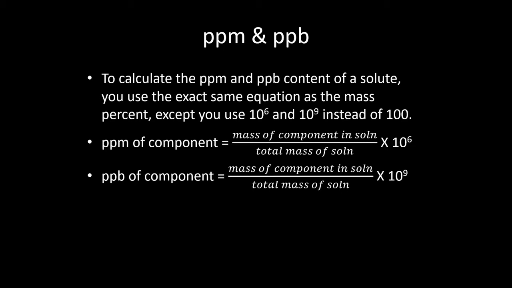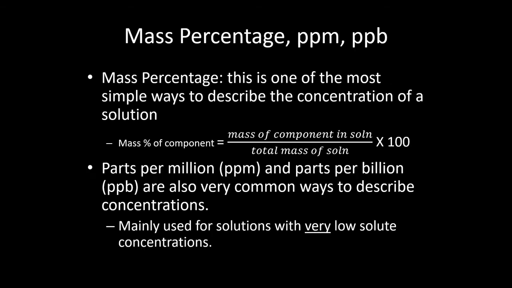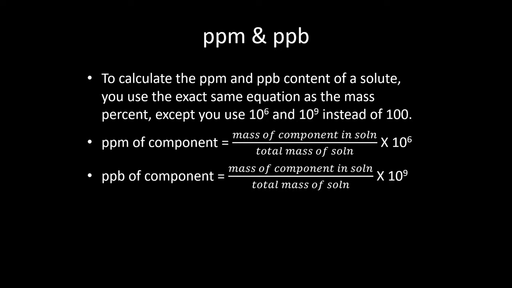It makes it easier to handle the numbers. But in terms of the math, they are exactly the same. The only difference is that number at the end: either 100 for the mass percent, or a million or a billion for parts per million and parts per billion.